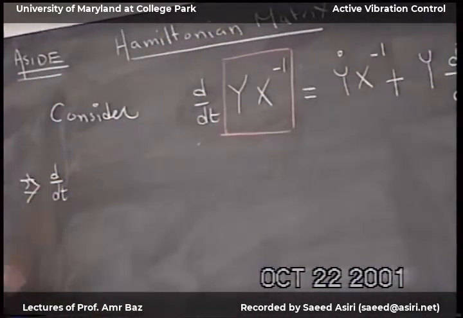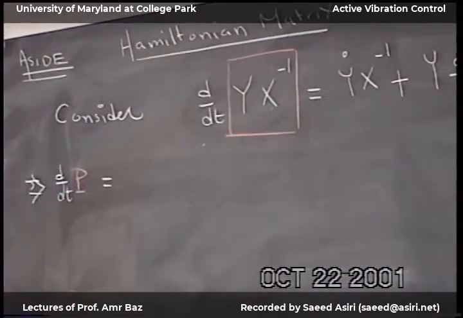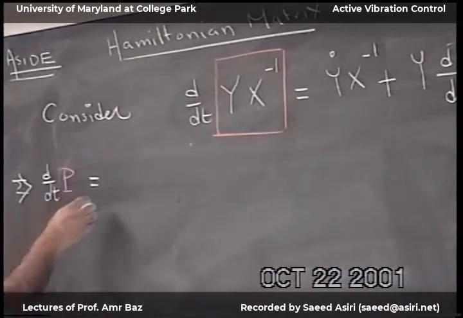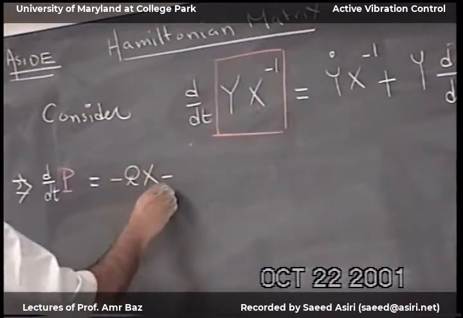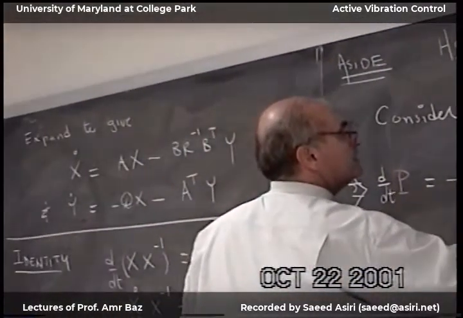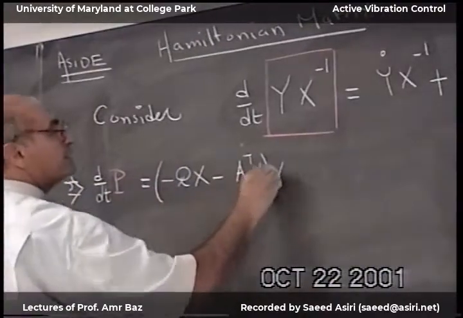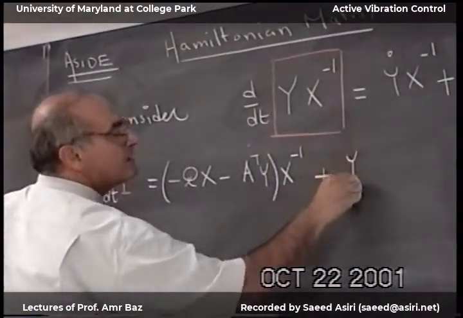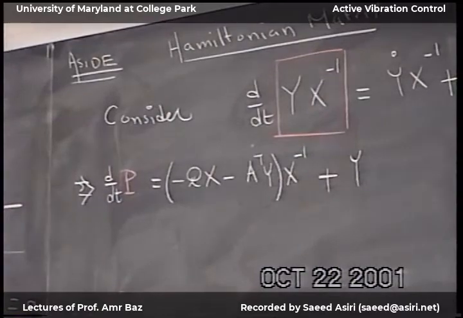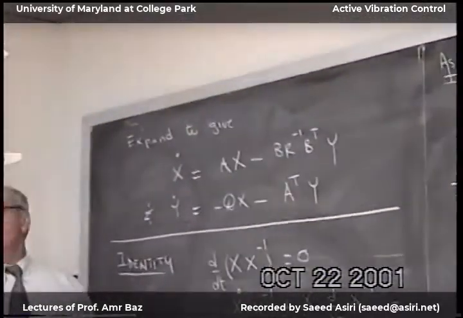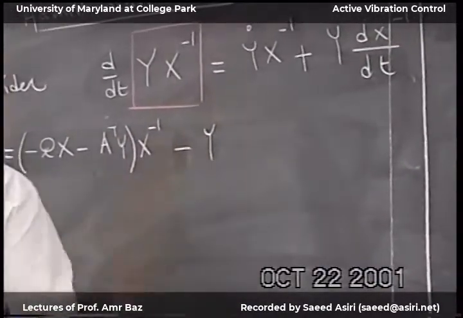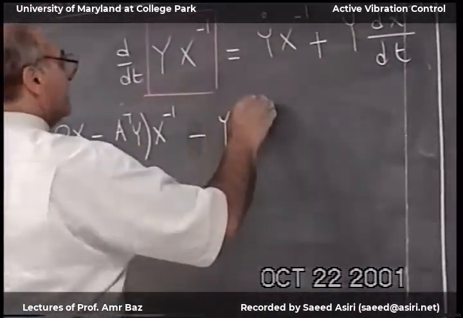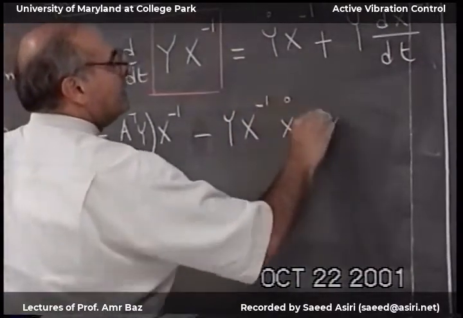So P dot will equal, y dot here is minus Q x minus A transpose y, and then this whole thing is times x inverse, plus y dx inverse by dt. I'll replace it from here. So this will be minus x inverse x dot x inverse.